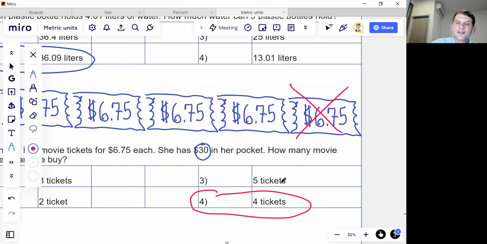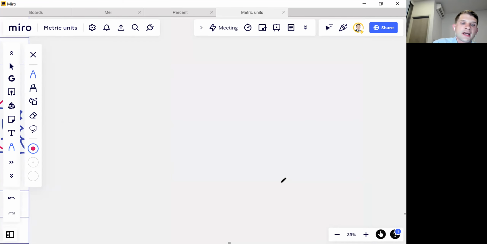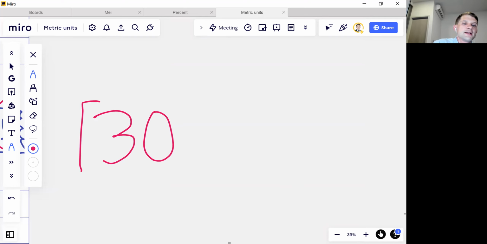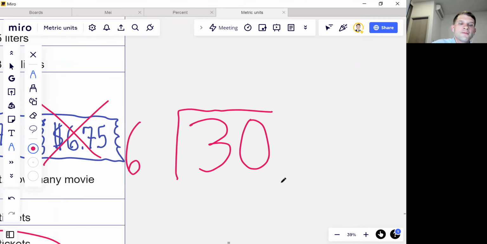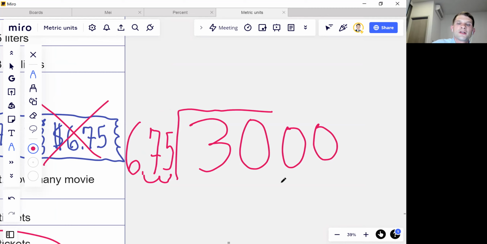If you want to do division here, that's also another strategy. So you could take $30 and divide by 6.75. So we know if we did that, we would get something a little over 4, okay? So we'll move the decimal there a couple spots and move this decimal here 2 spots as well, okay?